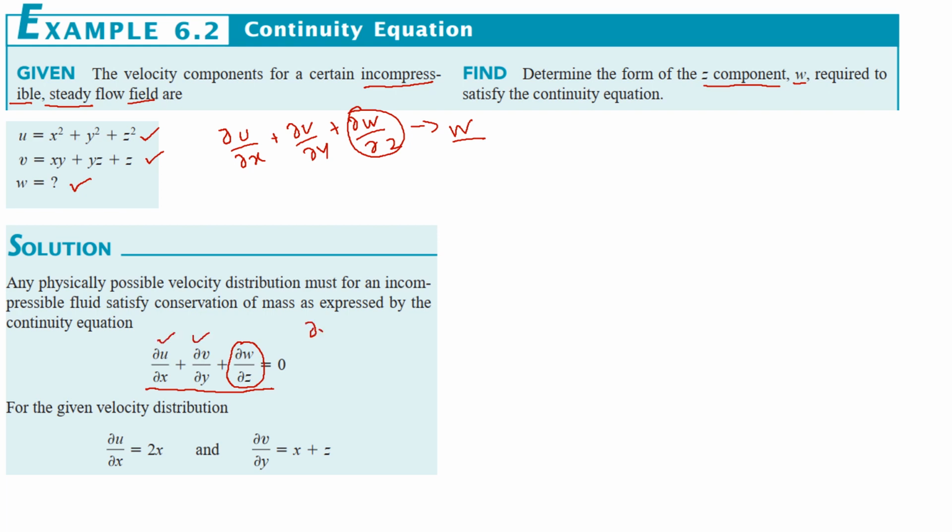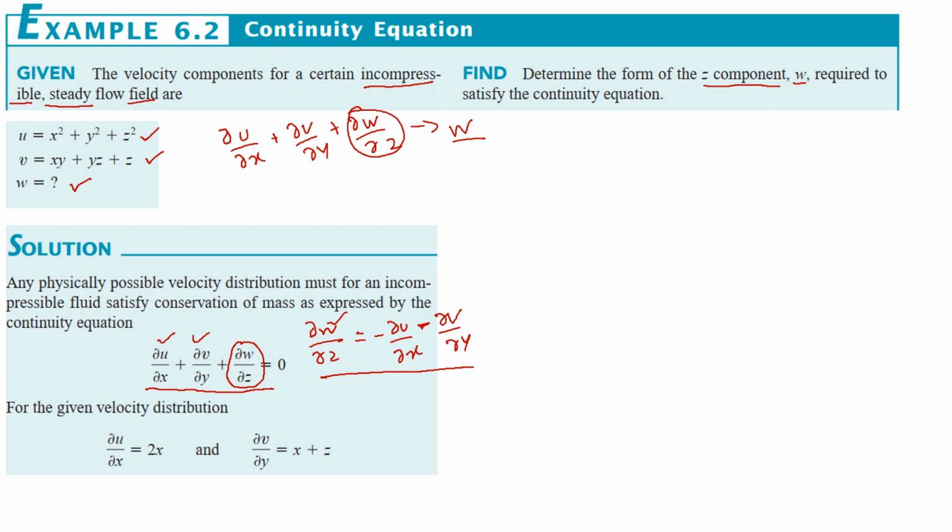So partial w over partial z will be equal to minus partial u over partial x minus partial v over partial y. So this is what we are going to find, and then integrate this to find our w, the z component of our velocity.